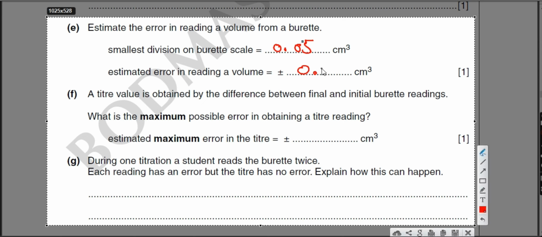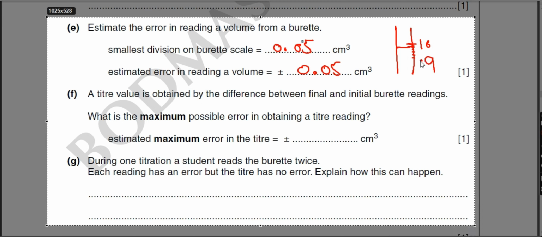Sometimes you may round it off to the next figure, or sometimes to the previous figure. For example, in the burette this is 10 and here we have small readings, 1 2 3 4 5, and the level of the liquid is, for example, in between these two. So you may round it off to exactly 10, or you may write it as 9.05.